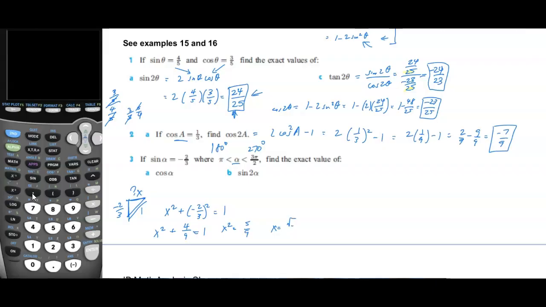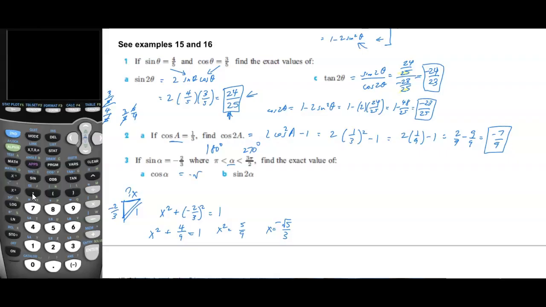X equals square root of 5 over 3. Okay. And is it a positive value or a negative value? Well, the x value is going backwards, so it would be a negative square root of 5 over 3. Okay? So cosine is equal to negative square root of 5 over 3. When I took the square root, I need to put plus or minus, right? But in this case, I know that the cosine value is negative from the drawing, so that's why I know that this should be negative square root of 5 over 3.